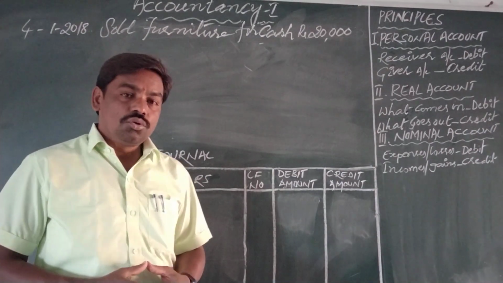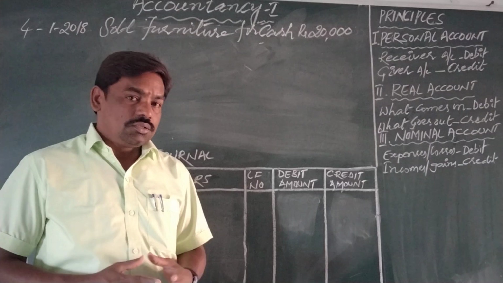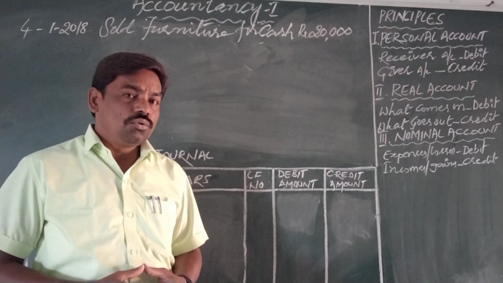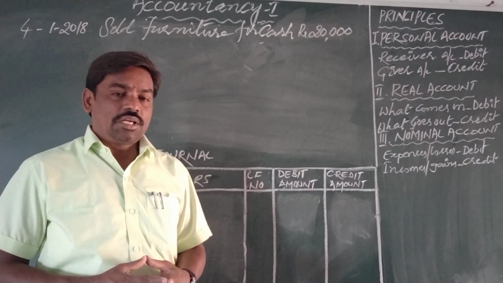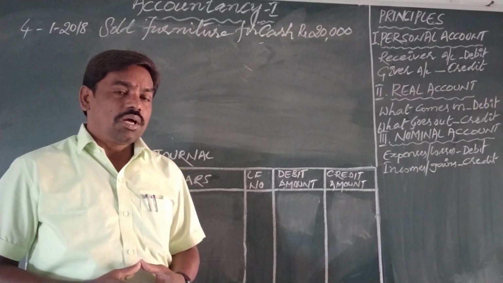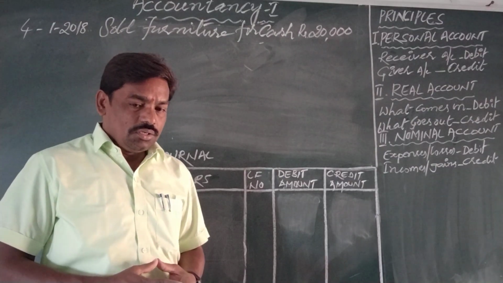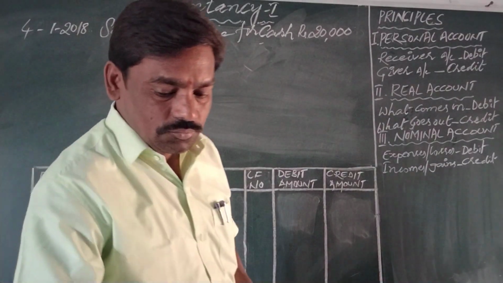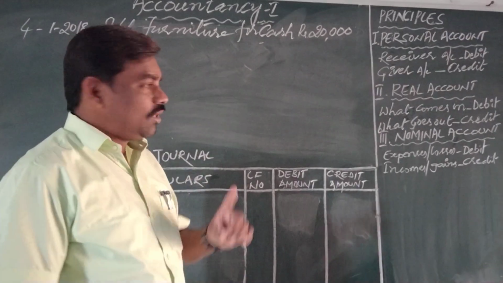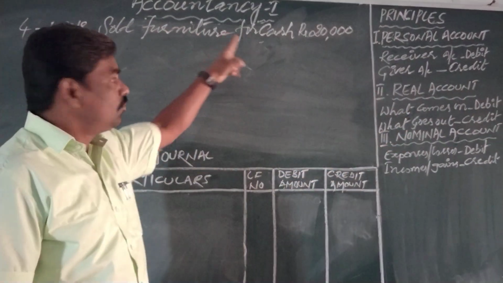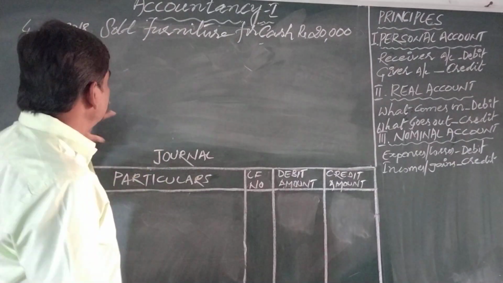Students, you already know the dual aspect concept, and also you know the three types of accounts and their principles. Here I am going to use only one account, that is real account, and its principle to analyze the given business transaction.